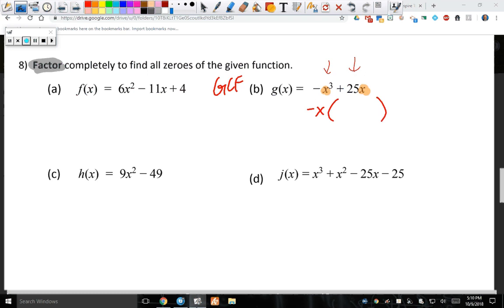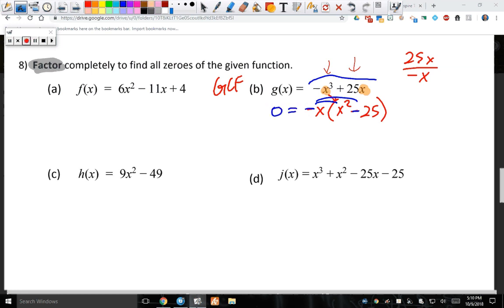So what would be left here after I factored out would be an x squared. And because I divided by a negative x, I'd get a negative 25. Okay, and again, you can check this if you want to redistribute to see if you'd get your original polynomial, which in this case you would get a negative times a negative to get that positive 25x.